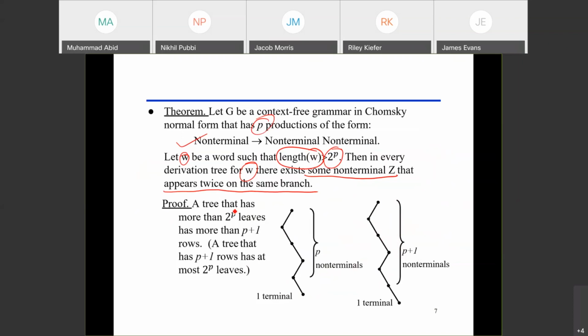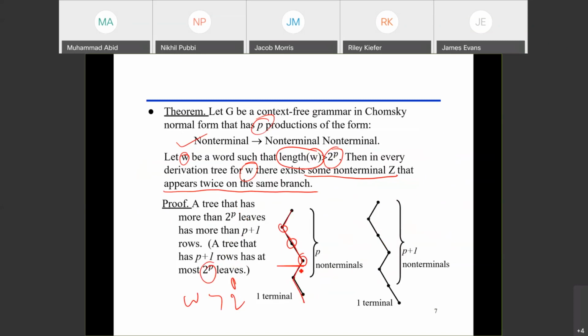Okay. A tree that has more than 2 raised to power P leaves has more than P plus 1 rows. A tree that has P plus 1 rows has at most this many leaves. But if the size of the word is greater than 2 raised to power P, it means that somewhere you reuse one production rule. Yes, this is a very common understanding now. We are using distinct production rules to reach here.